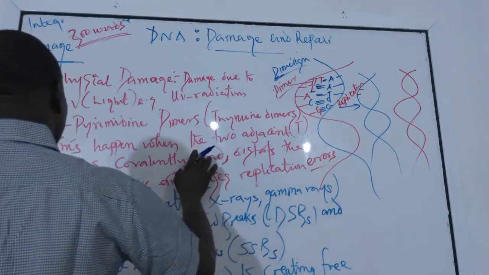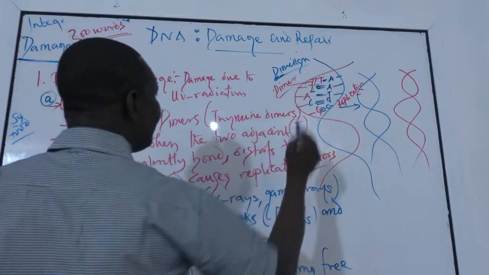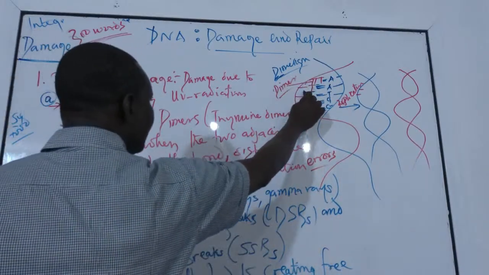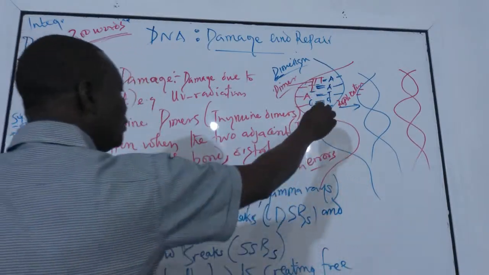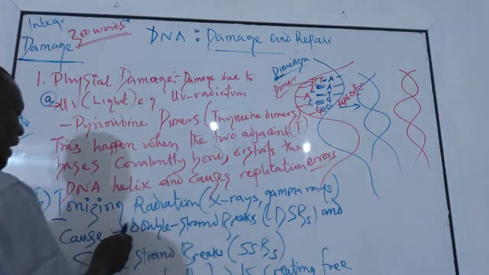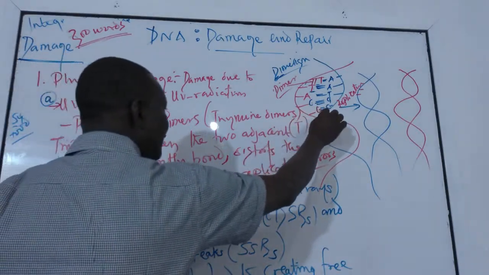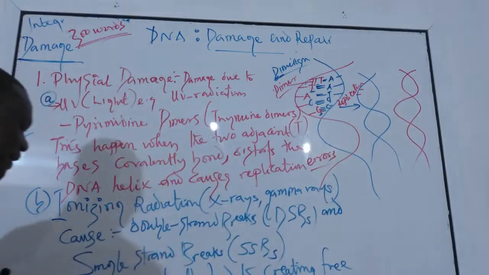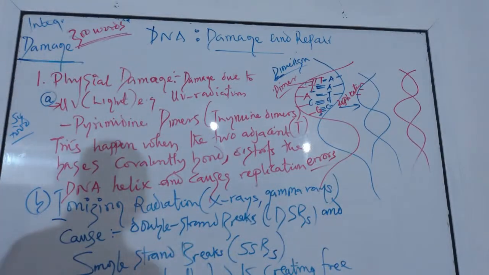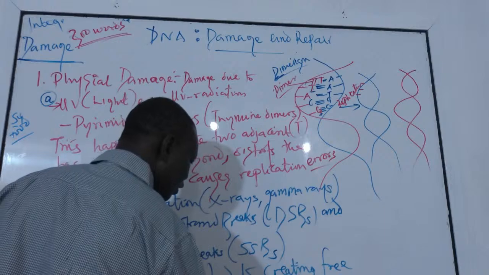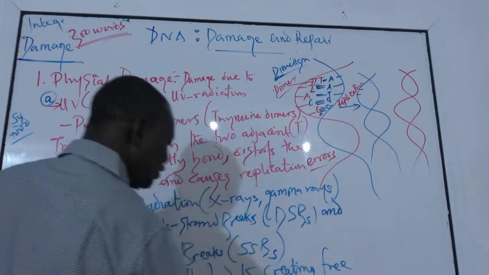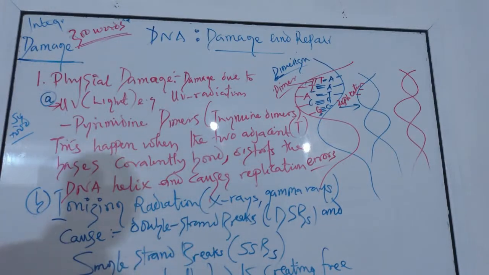The first one will interact with thiamine, which is a pyrimidine base. Now, the second one, which has to do with ionizing radiation, will interact with guanine, and by the time it interacts with guanine, it's going to form what is called 8-oxo-G. And that is going to cause a serious error.